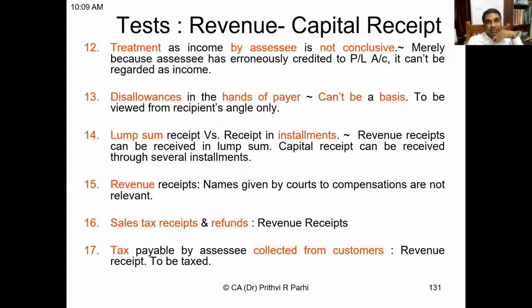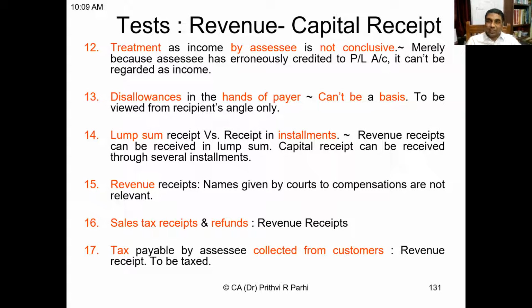Okay. Next, the disallowance in the hands of the payer. This also cannot be a basis. Suppose I am making a payment to you, and my income tax officer has disallowed it in my income tax assessment. Maybe some argument, he may say, no, this is not a business expenditure, this is a personal expenditure, something like this. That means I have to pay tax on this because my expenses are disallowed.